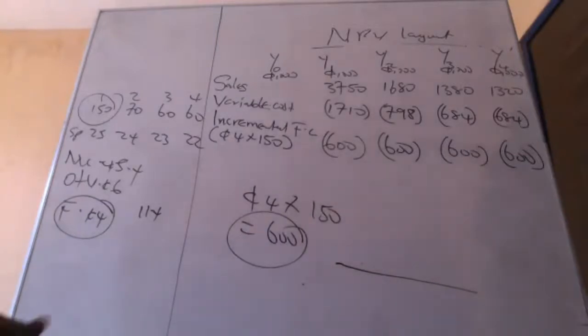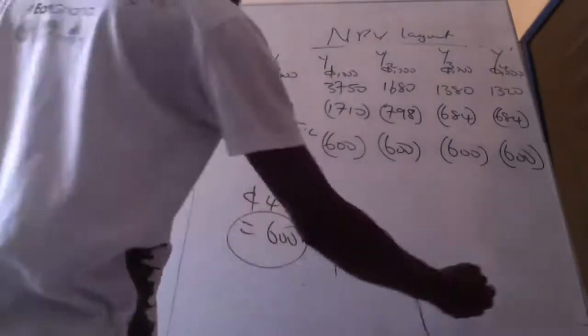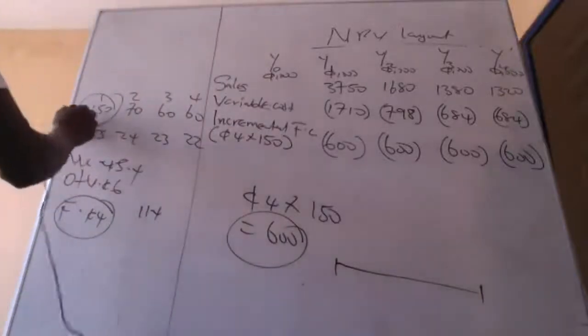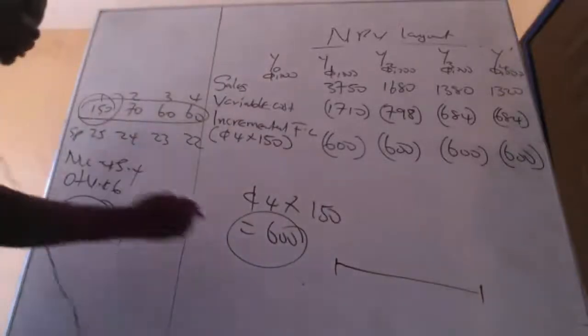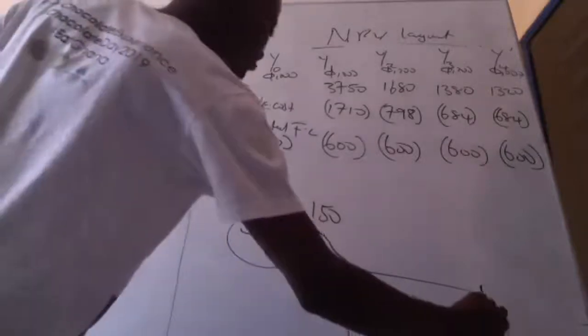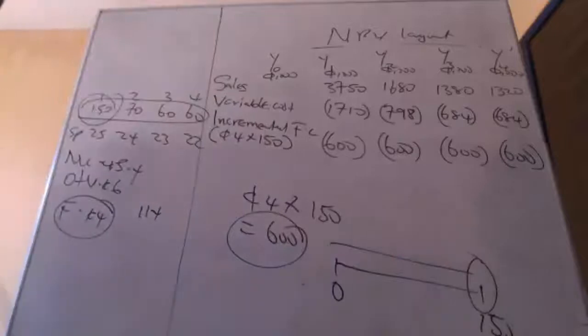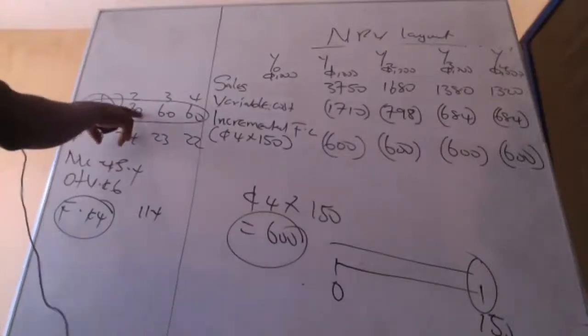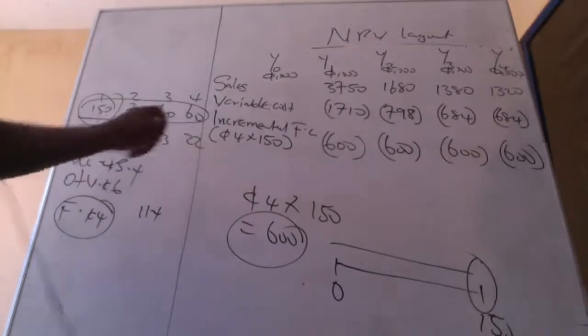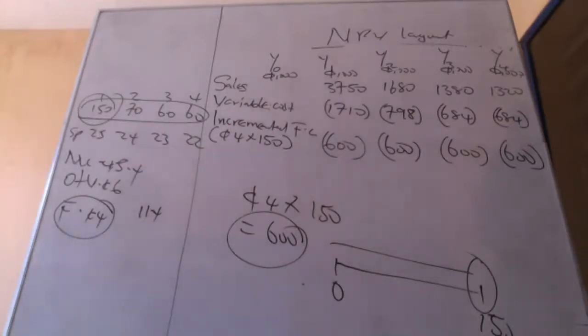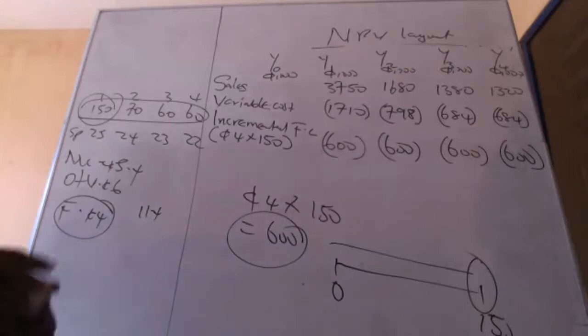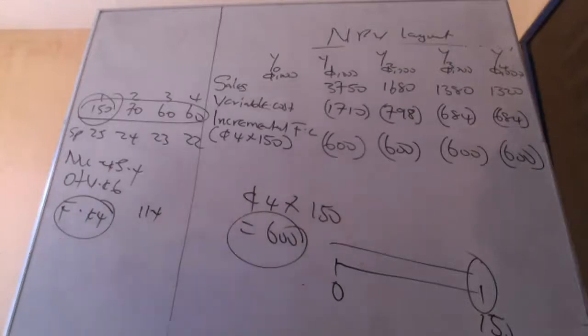Now, fixed cost is what? Fixed within a relevant range. Here you can see that the company's relevant range is 0 units up to 150 units. So between this, the fixed cost will be fixed. It will not increase. But if you multiply it by 4, if you multiply by 70 in order to arrive at 280, it means that you have varied it.